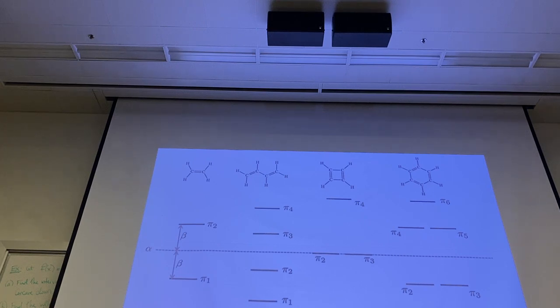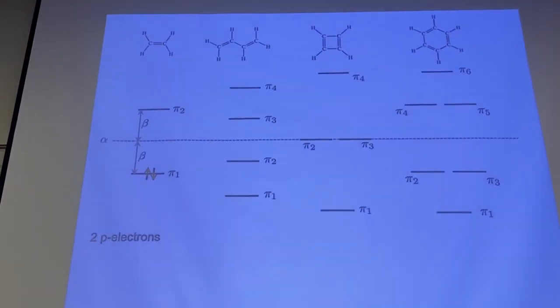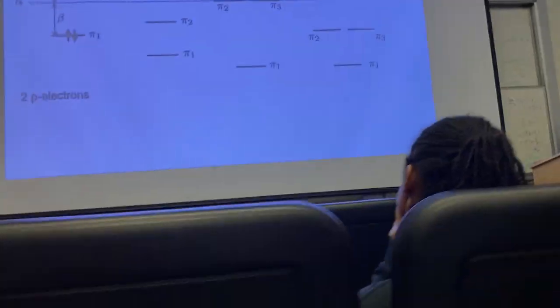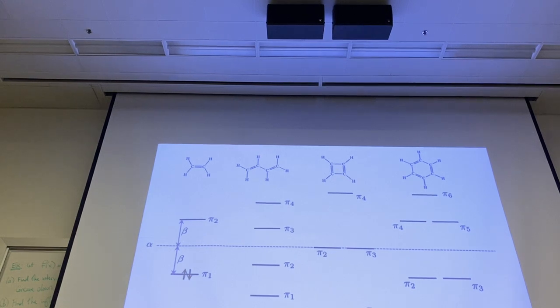So what we're going to do now, because we haven't really explicitly done that, is put in all the p electrons that partake in the pi conjugated network and determine the total energy of the system. So what do we have to do? If we start with ethene, we have 2 carbon atoms, each one contributes 1 p electron, so a total of 2. And those go, of course, in the lowest energy molecular orbital, pi 1, that's where they both go.